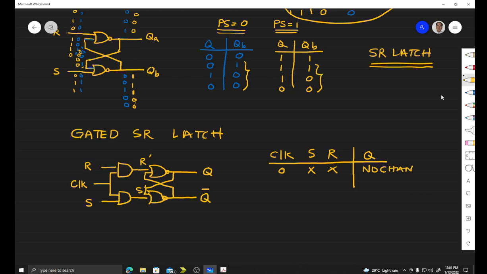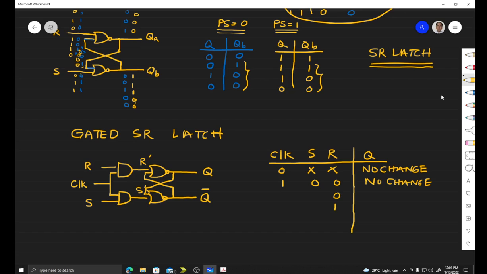So according to the one we generated using our cross-coupled SR latch, if our clock is 1, then both inputs are 0, still there's no change for Q or state.